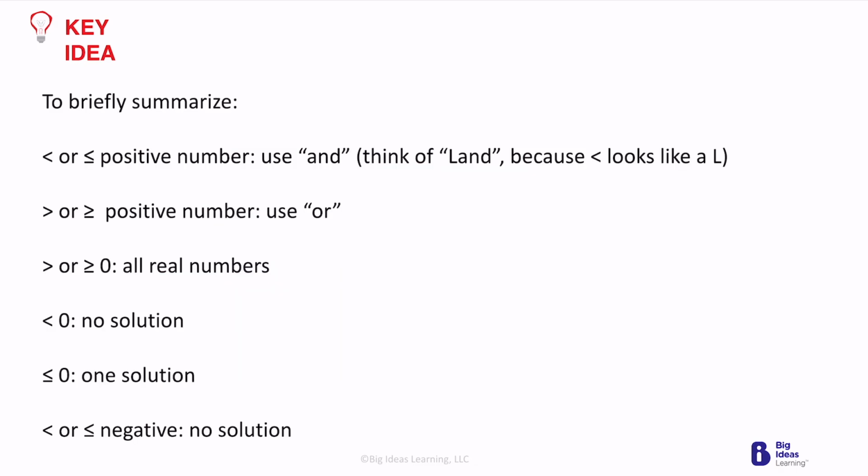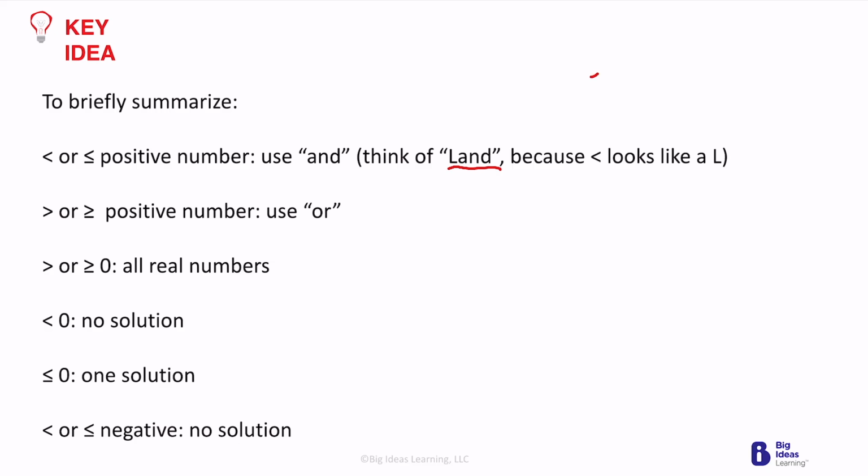This next one is very important to write all these down. So make sure you pause and get all of these written down. So if you have less than or less than or equal to a positive number, that's an and. And I remember using the word land because the less than sign looks like an L, kind of.